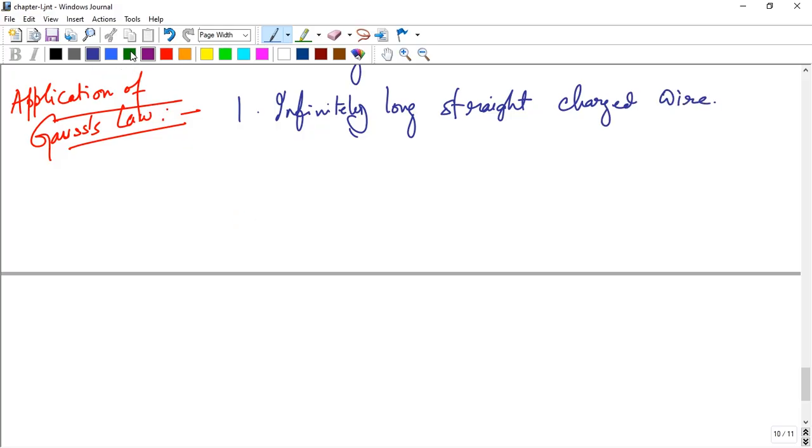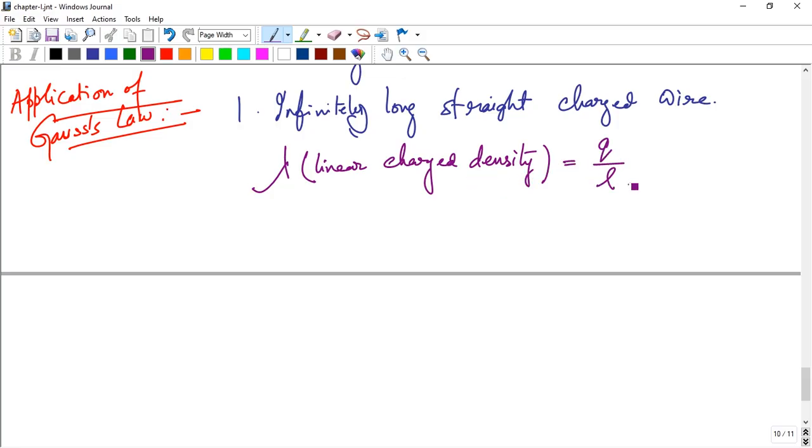Here there is a charge density called lambda. Lambda is the linear charge density, that is the total charge by some length, and the unit is Coulomb per meter. That's obviously the SI unit.